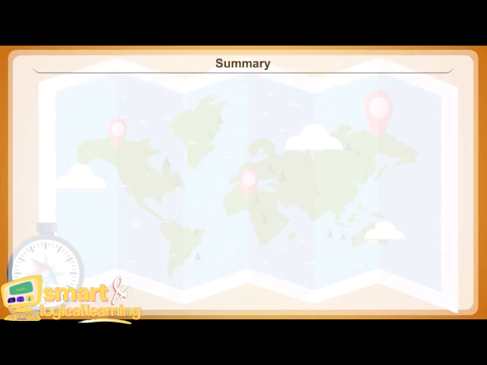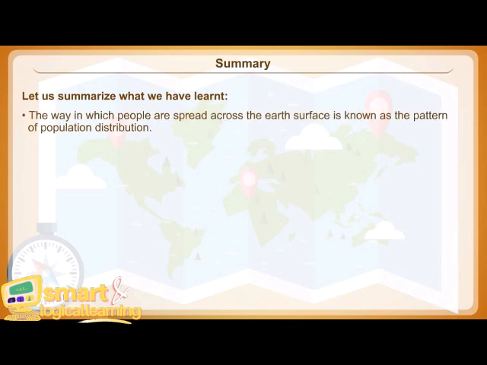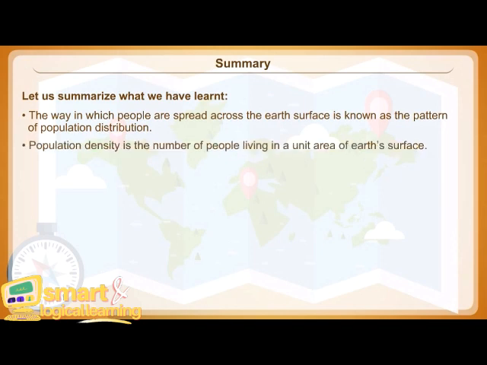Summary. Let us summarize what we have learnt. The way in which people are spread across the Earth's surface is known as the pattern of population distribution. Population density is the number of people living in a unit area of the Earth's surface.